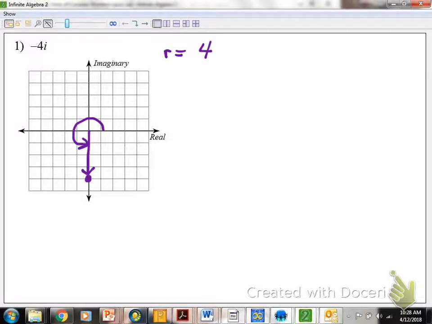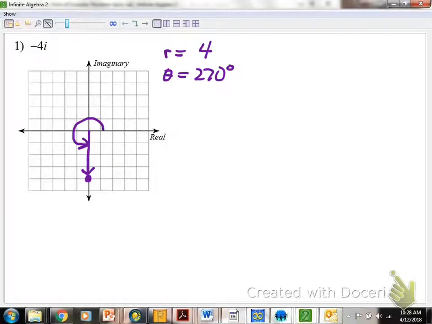Distance from the origin. If it's on the real or imaginary axis, then you can see its distance from 0. The heading is 270 degrees. That's the angle that passes through that complex number. The standard position angle that passes through negative 4i is 270 degrees.